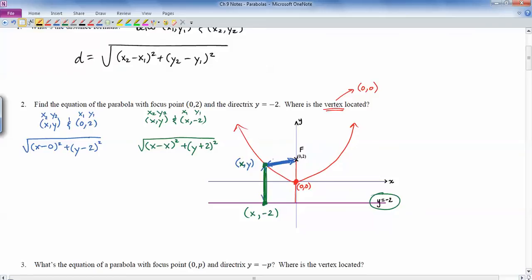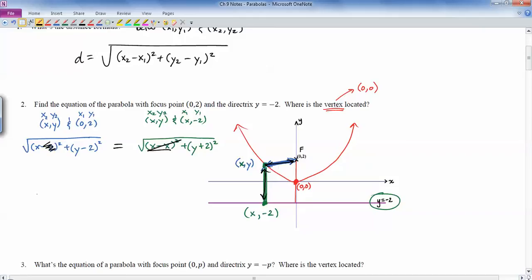Then we know that these distances are supposed to be equal to each other because that's how a parabola works with its focus and directrix. Before I try to simplify, notice this is x minus x, which is 0 squared, so that goes away. This is x minus 0, so that's really just x squared.